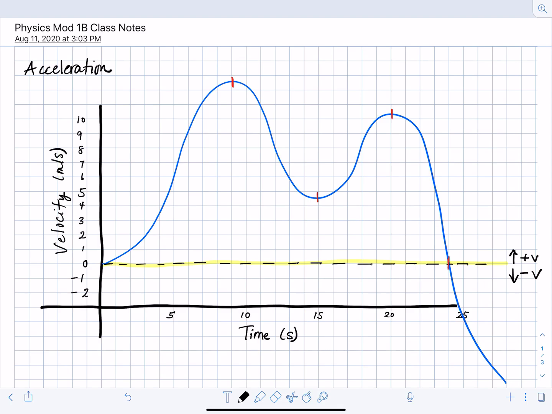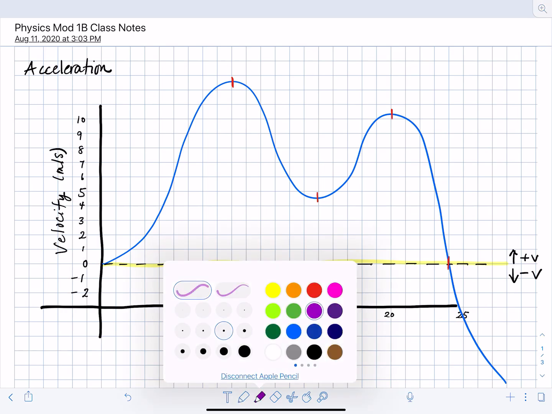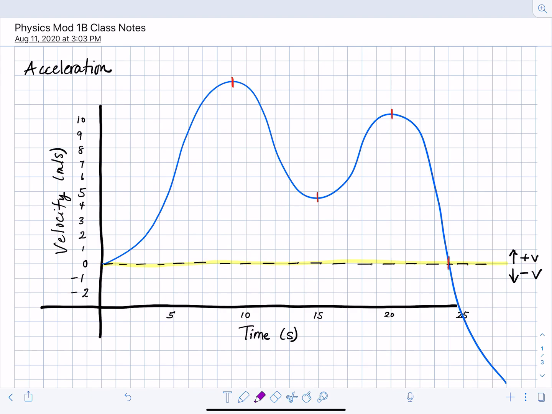So what would that look like? I'm going to take a highlighter, and I'm just going to show you. From here to here, I'm looking at these intervals. I've marked some intervals. We're going to talk about them more. But from there to there is a positive velocity.